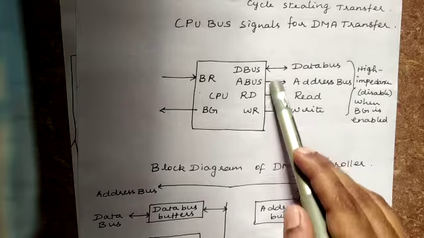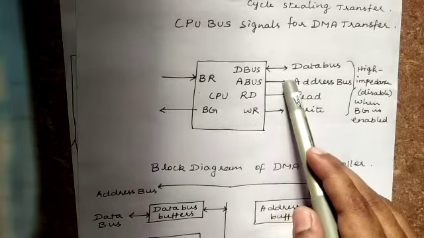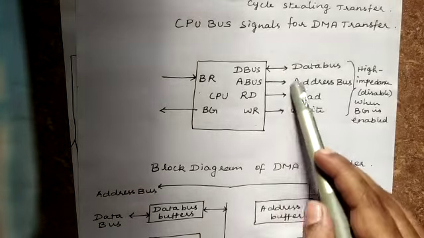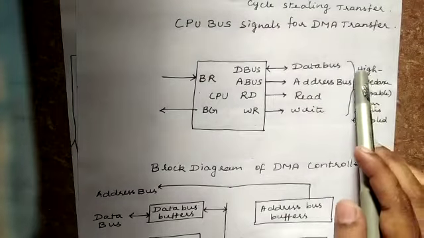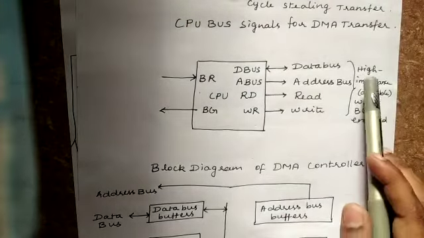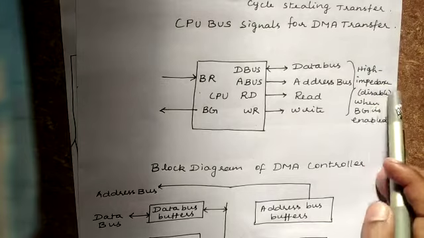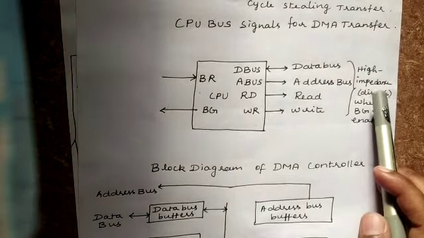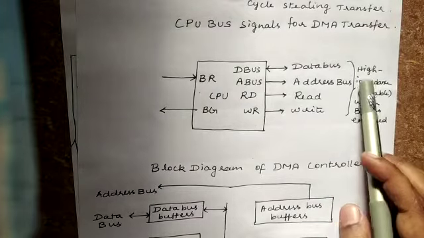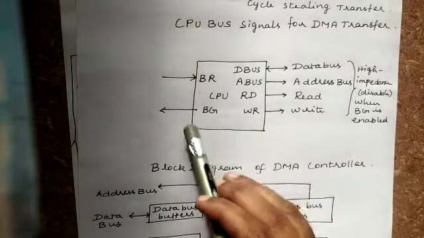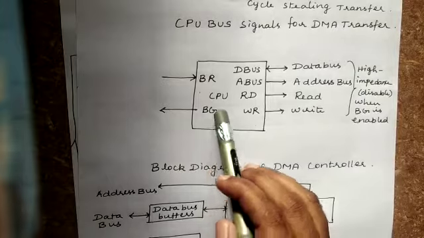Whatever control signals are connected with the CPU, it sets all these control lines to the high impedance state. What is this high impedance state? High impedance means disabling, that is nothing but an open circuit. All the outputs will be disconnected. That is the high impedance state. And it will enable the bus grant signal.